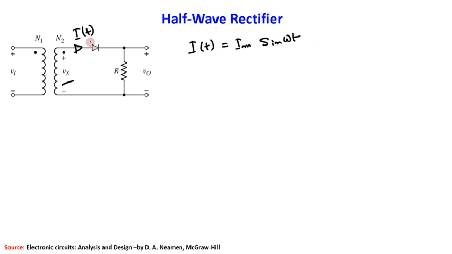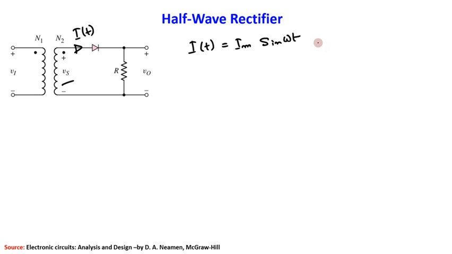And you know this diode can conduct only when this is positive, this is negative, means only in the positive half. So in other words, the diode can conduct only for half of its time period, right?